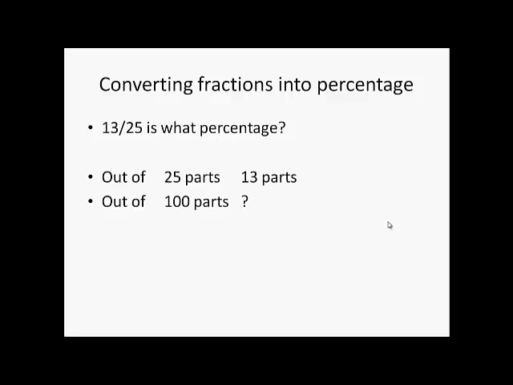So out of 100 parts, what would be the equivalent? Using the concept of cross multiplication, we multiply 100 into 13, divide the whole by 25 and get it as 52%. So if out of 25 parts we are concerned with 13, then out of 100 the equivalent amount would be 52.